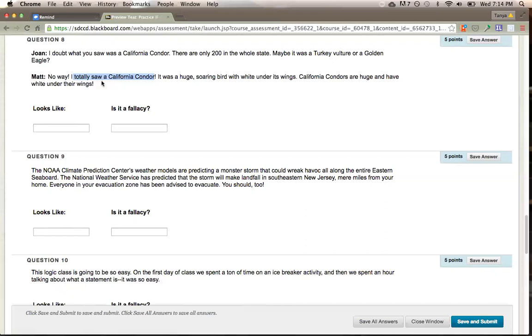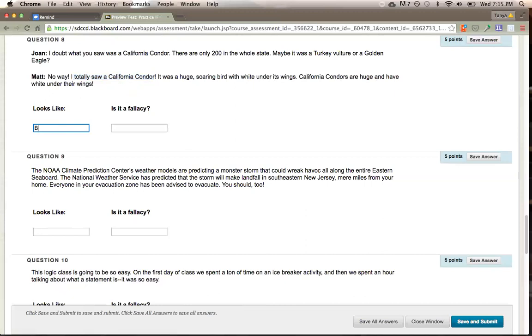And Matt is confident, so he thinks that he very likely, I totally saw a California condor. There's probabilistic reasoning going on here. Given my observations and given what a California condor looks like, what is the probability that Matt saw a California condor? He thinks it's extremely high, so high that he's just confident. He's sure.